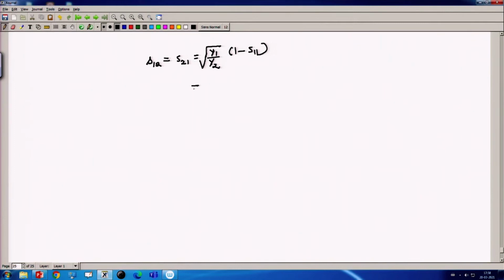And that can also be written as root of Z 2 by Z 1 times (1 minus S 1 1).